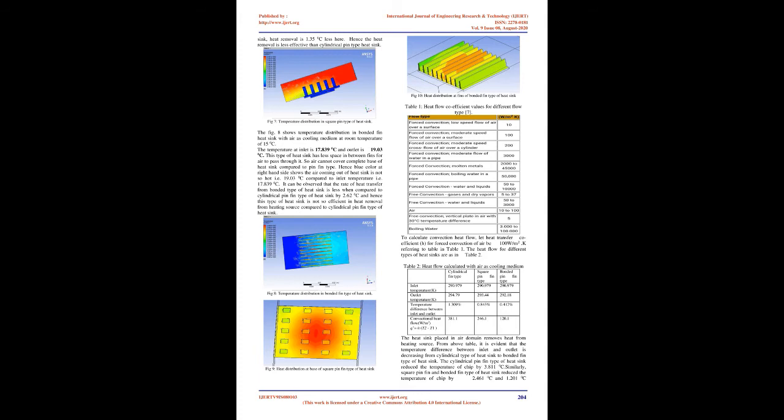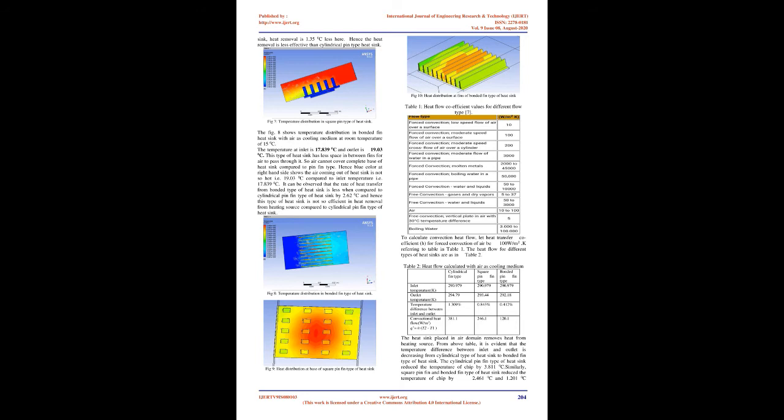Hence the blue color on the right-hand side shows the air coming out of the heatsink is not so hot, i.e. 19.030 C compared to inlet temperature, i.e. 17.8390 C. It can be observed that the rate of heat transfer from the bonded type of heatsink is less when compared to the cylindrical pin fin type of heatsink by 2.620 C, and hence this type of heatsink is not so efficient in heat removal from the heating source compared to the cylindrical pin fin type of heatsink.